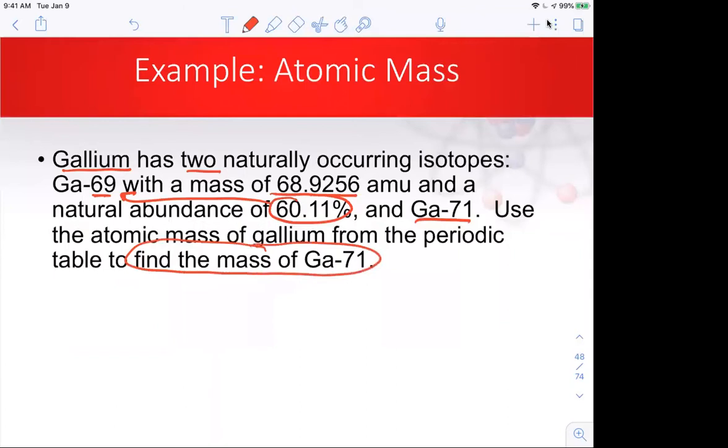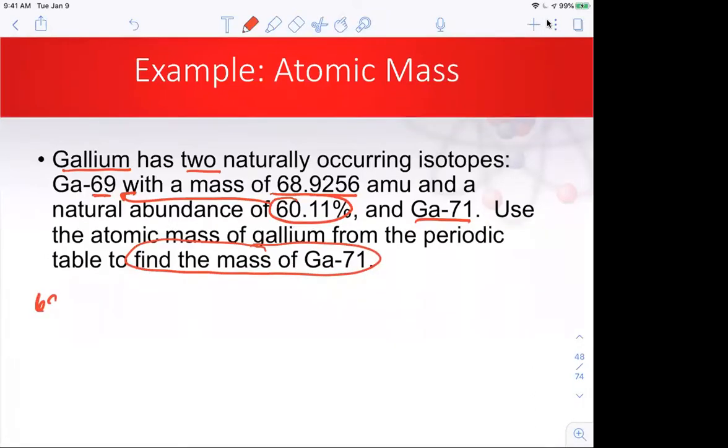I'm going to set it up the same way that I did before. If I look at gallium on the periodic table, it's atomic number 31. My mass is 69.723.